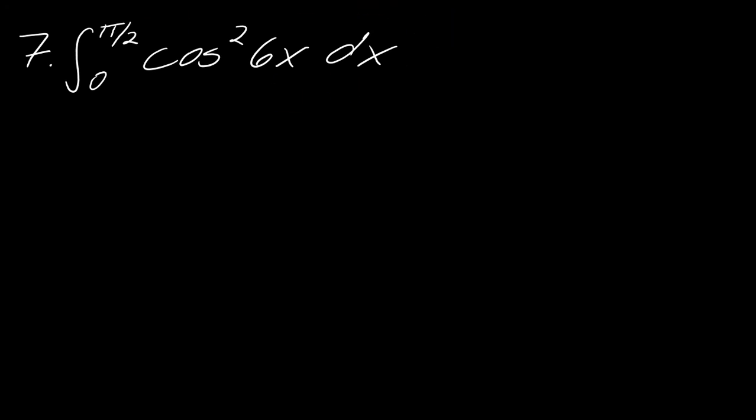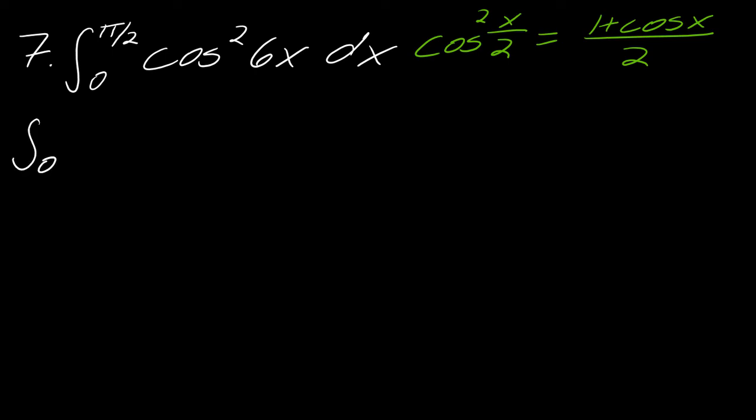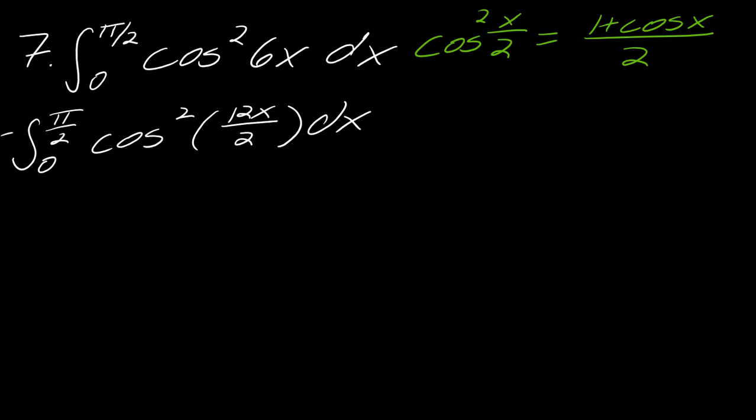But all right, so the half angle formula here that we want to use looks like this. So what I want to do then is rewrite my problem so that I can use the half angle formula. So this will now be, instead of 6x, I'm going to call this 12x over 2, so that I can use my half angle formula.